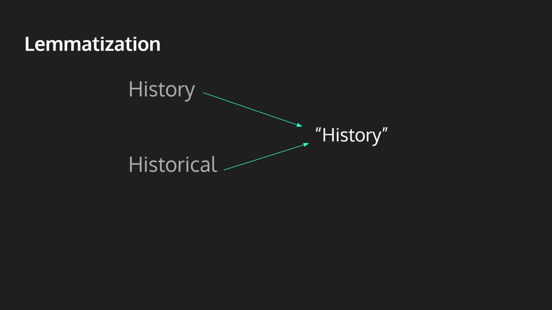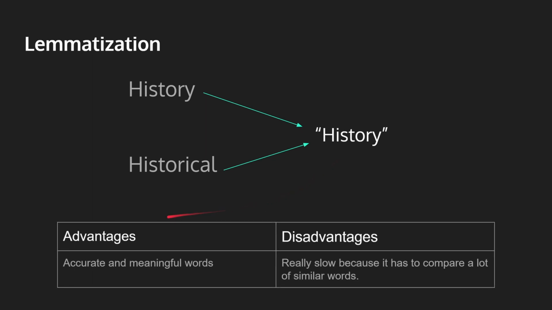Then you might be wondering, why don't we use this instead of stemming? Well, there's a trade-off. The advantage is that it's accurate and provides meaningful words, while the disadvantage is that it's really slow because it has to compare a lot of similar words. That can be very slow for a huge data set.